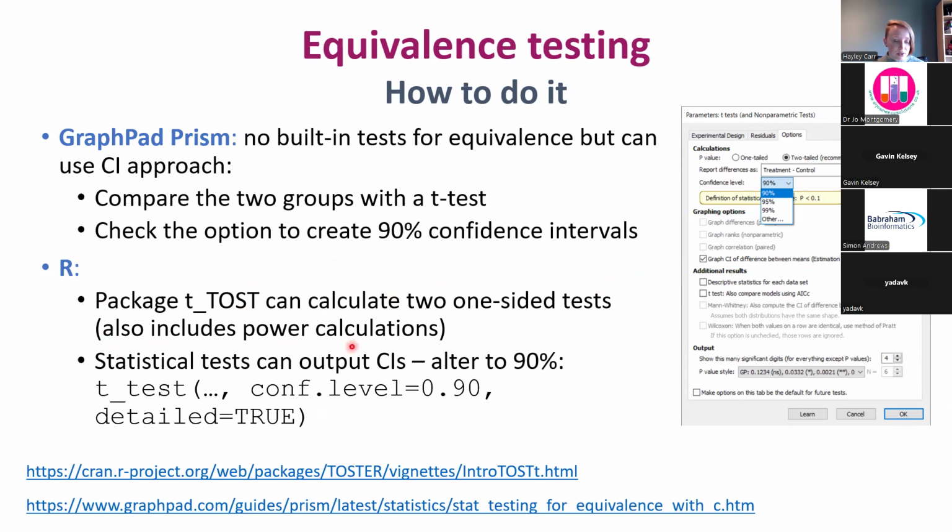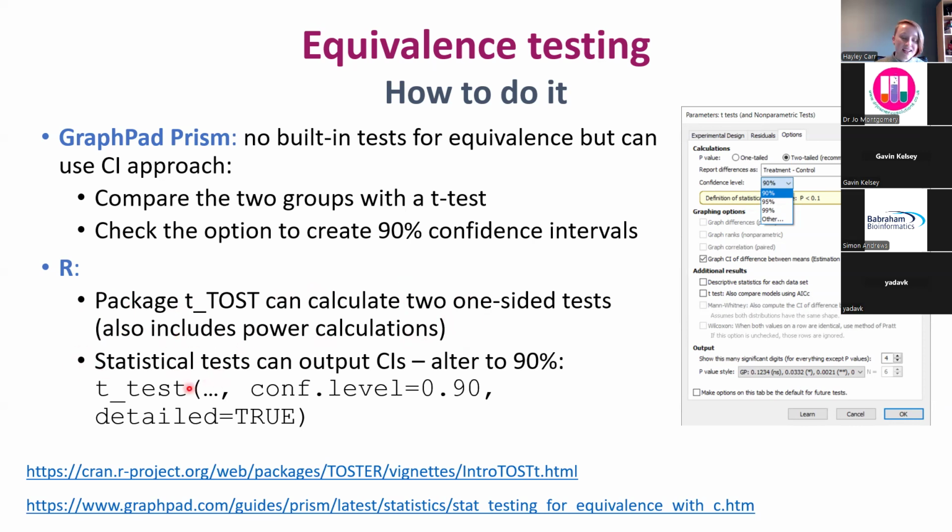It also includes power calculations. I haven't gone into that today, just because I feel like that's a whole other can of worms. But generally, to do equivalence testing, you need a slightly larger sample size than you would to test for a difference. So that's worth bearing in mind as well.